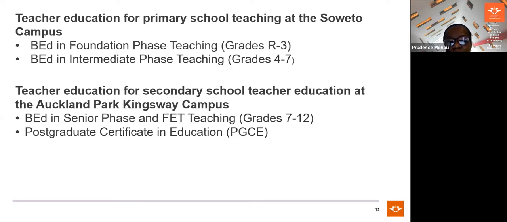This is the bachelor's degree where the focus is on grades R to 3. And then we have the Bachelor of Education in intermediate phase teaching. And this one is focused on grades 4 to 7. Both programs are based at the Soweto campus.